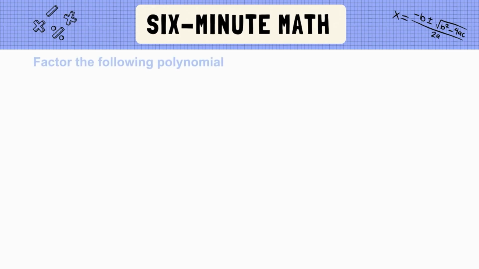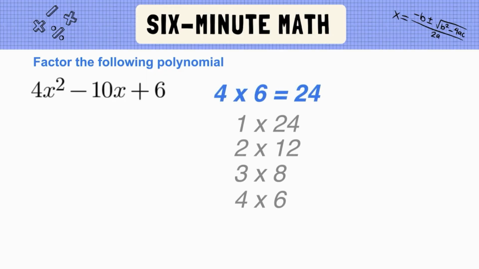Let's check out another example here. We're going to factor 4x squared minus 10x plus 6. 4 times 6 is 24, and I have my factor U. Now I'm looking for two numbers that are going to add to that middle b value of 10. So let's do some quick sums. We have 25, 14, 11, and 10.